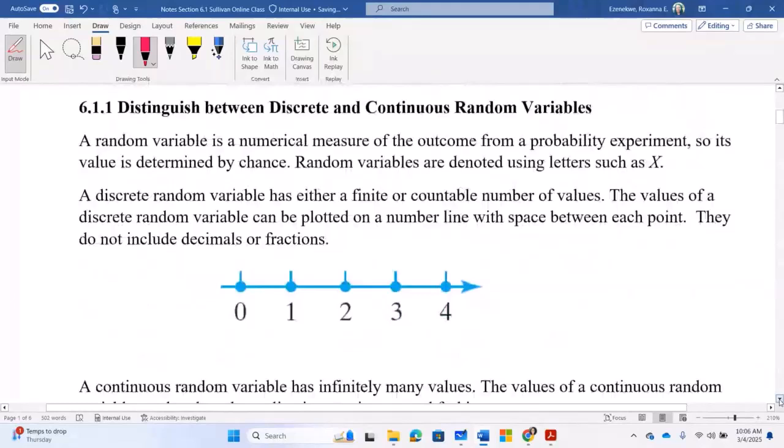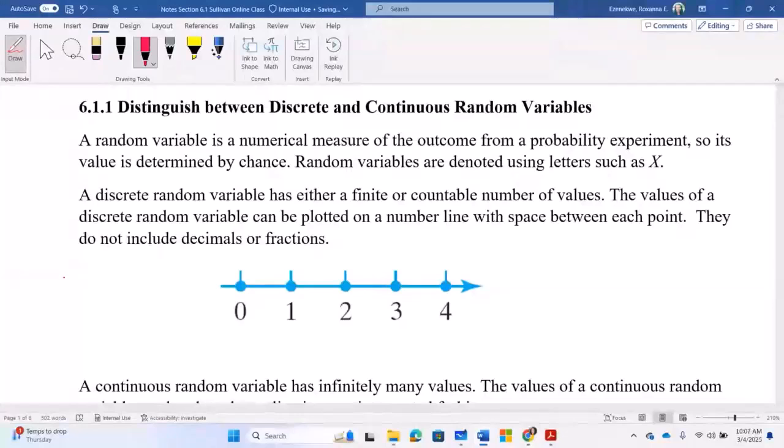Okay, so this is what we say when we say that some random variables are discrete. It can only be plotted on a number line in dots. You don't connect them. You plot them in dots like this. You cannot connect them because they are discrete. Discrete random variables, you just plot them as dots.